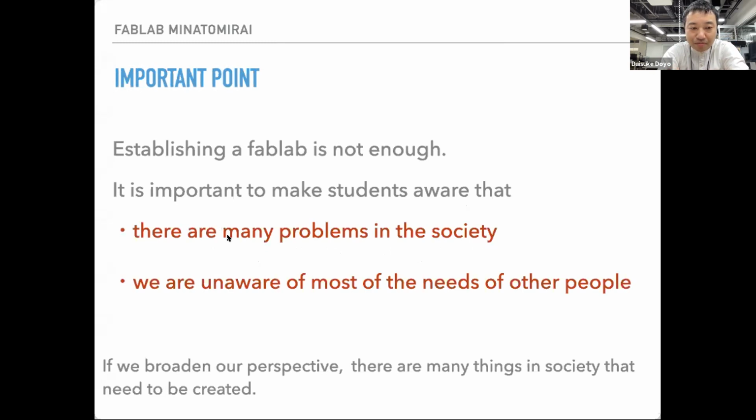It is important to make students aware that there are many problems in society, and we are unaware of most of the needs of other people. That is a very important point. If we broaden our perspective, there are many things in society that need to be created.